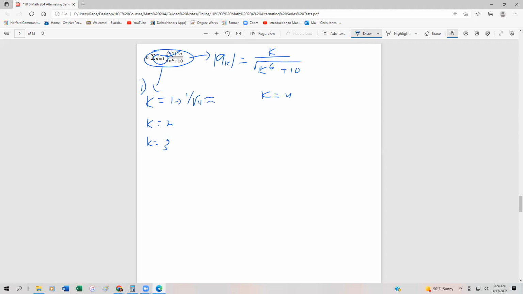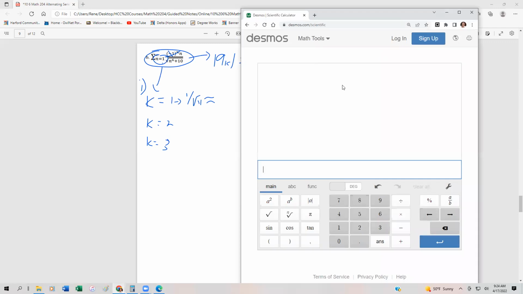If I substitute that into the graphing calculator, 1 divided by the square root of 1 to the 6th plus 10, let's try that again, that gives us 0.3015.